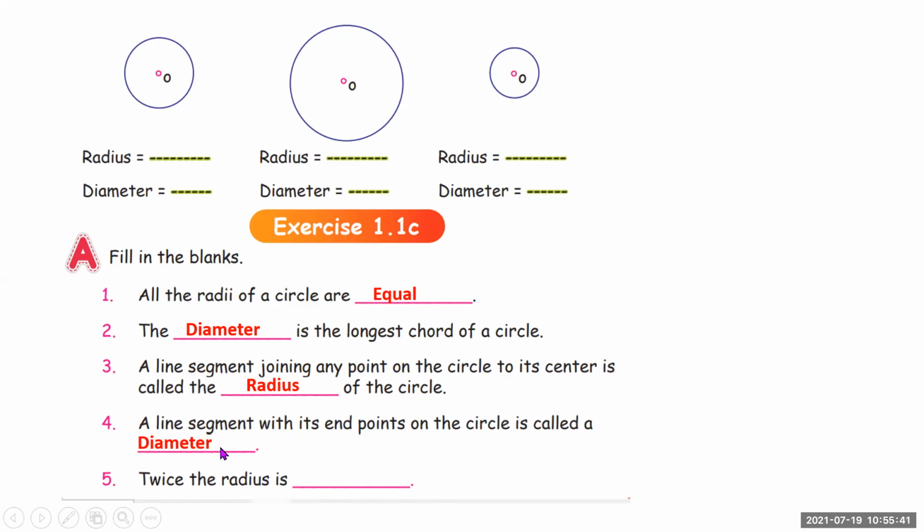We can call this a chord also. If you look at it, generally this is known as a chord. But if that line passes through the center, then it becomes a diameter. Twice the radius is the diameter.